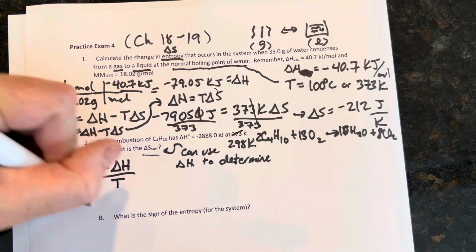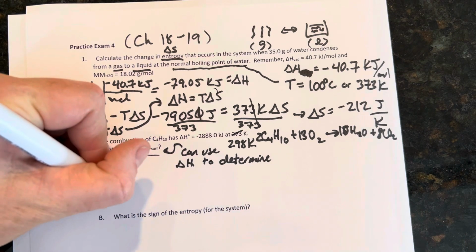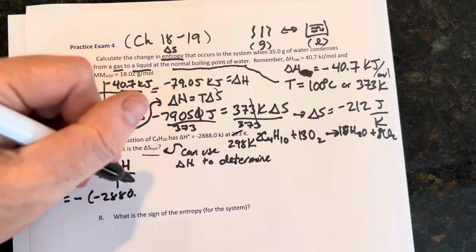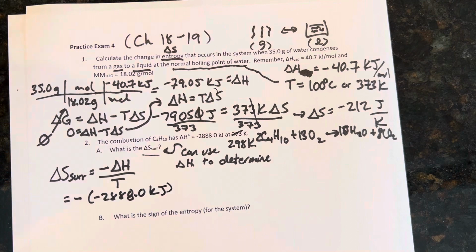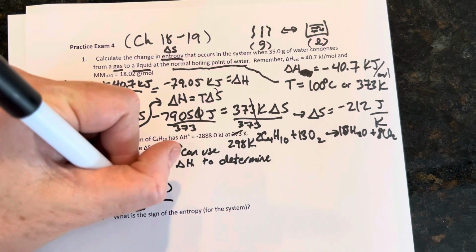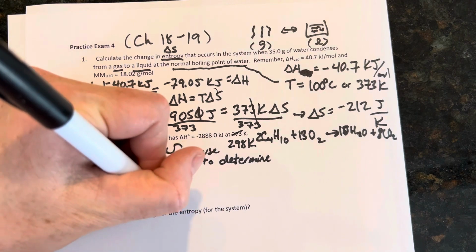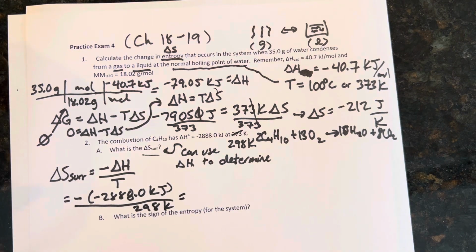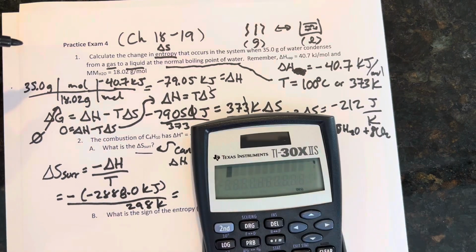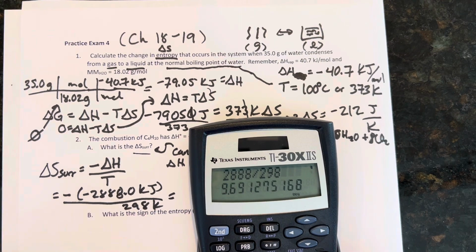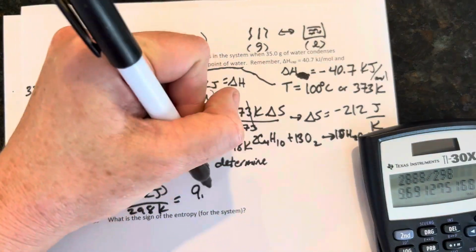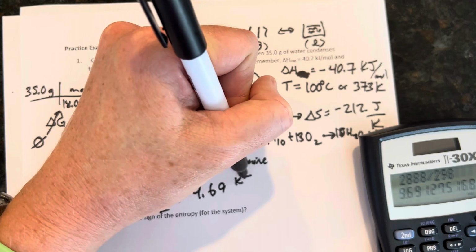All right, so that would be a negative 2,888.0 kilojoules, all divided by the temperature, which I said was 298 Kelvin. All right, let's go ahead and calculate this. I get an answer of 9.69 kilojoules per K.